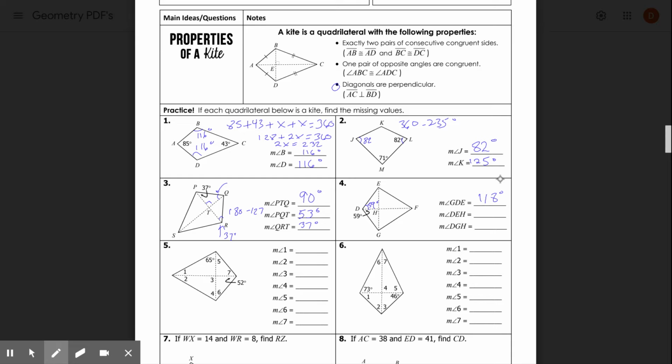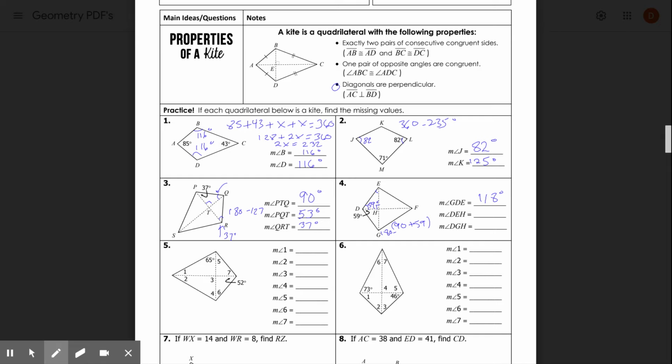For DEH, this one here, we now have a 59-degree angle. We need to find this little guy, and we know that this is 90 degrees. So we would have 90 plus 59, and we would subtract that from 180. So 90 plus 59 is, let's see, it's 149.